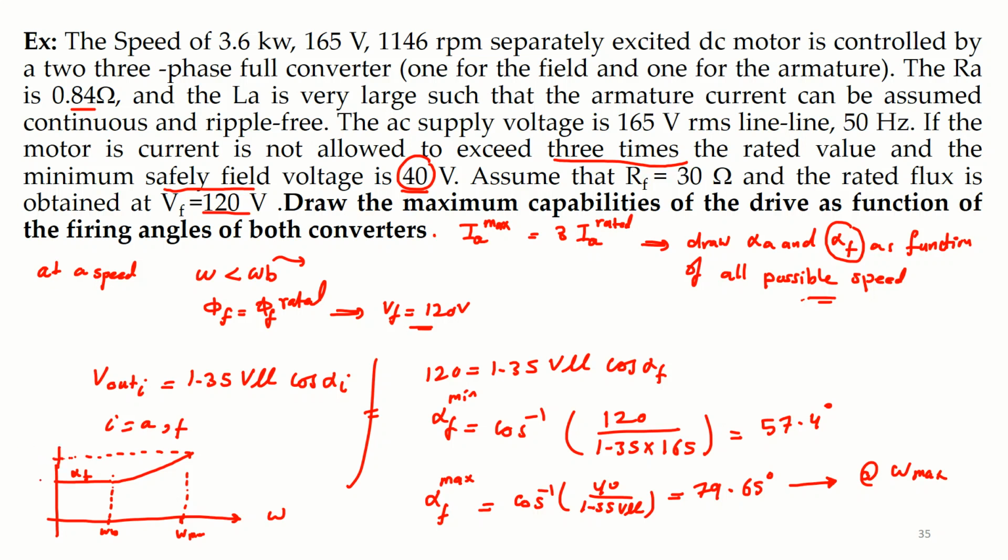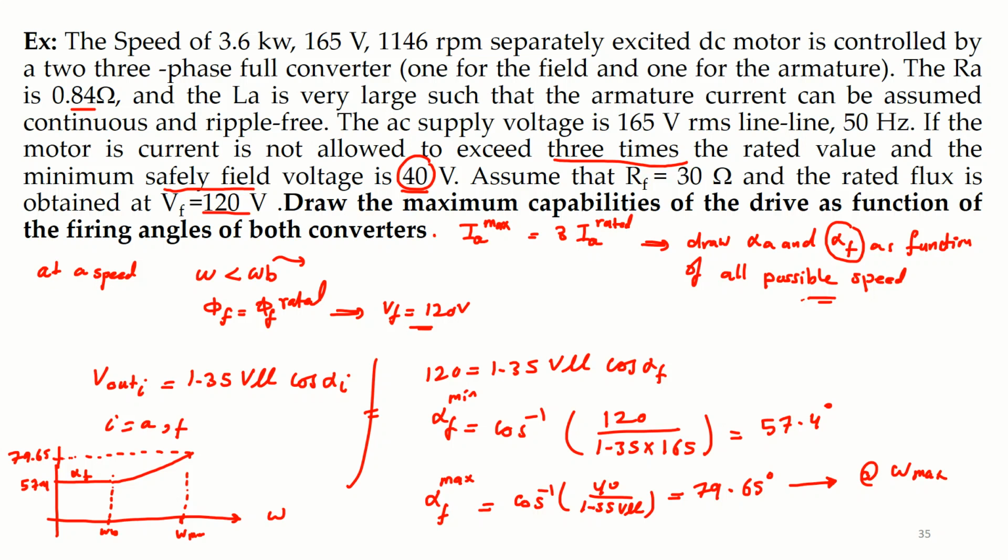So this value was 57.4, and this value is equal to 79.65. Now we also need to find omega base and omega max. Also we need to calculate, or to plot, the firing angle for the armature circuit.